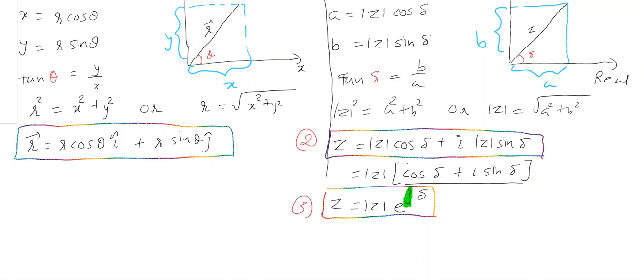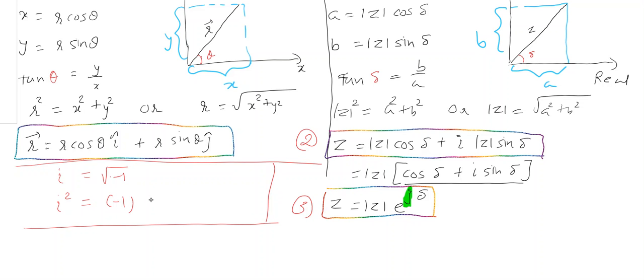But don't forget that I is square root of minus 1. I square is minus 1. Okay. So sometimes I may write j instead of I. It is just a change in symbol, nothing else.